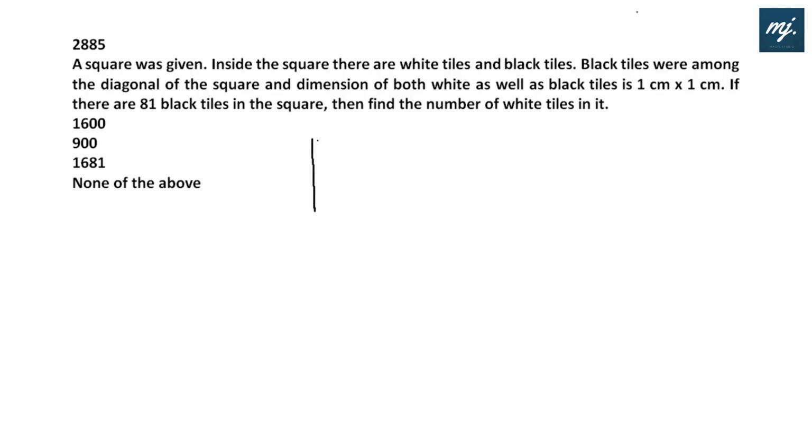Let's suppose this is our square of 3 by 3. Then black tiles are on the diagonal. So here I see that when n is equal to 3, or number of rows and number of columns is equal to 3, number of black tiles is equal to 5.